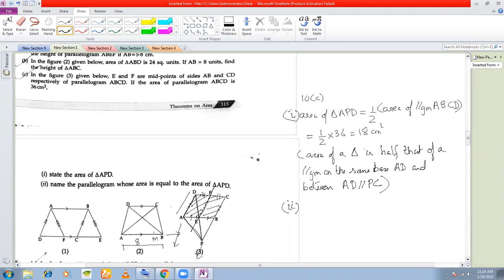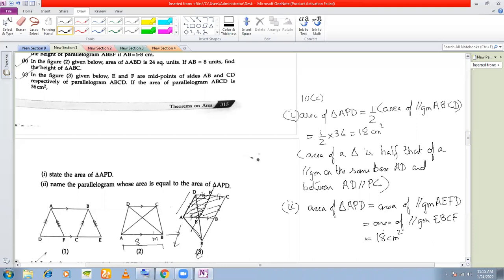So therefore, area of triangle APD must be equal to, you can write either of the parallelograms, area of parallelogram AEFD is equal to area of parallelogram EBCF is equal to 18 centimeters square, right?